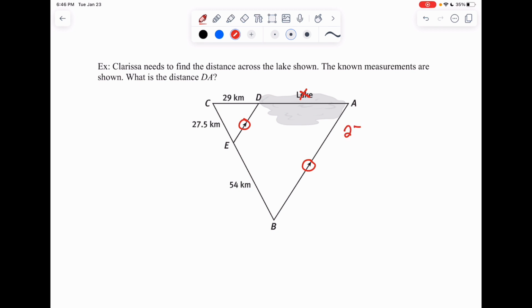So the top measurement, 27.5, over the bottom measurement, 54, equals the top measurement on the other side, 29, over the bottom measurement, x on that side. And now I'm ready to cross multiply.